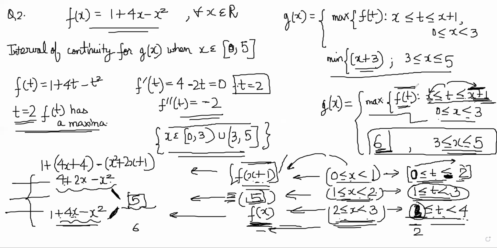If x is 2 plus something, then 2 plus, 3 plus will come as the interval of this. If x is just 2 plus h, then 2 plus h is less than or equal to t is less than or equal to 3 plus h. Then it should be f of x. No, there it is not equal to. That is what this is supposed to mean. If x grows from 2 plus h to 3 plus h, then t value cannot be 2.